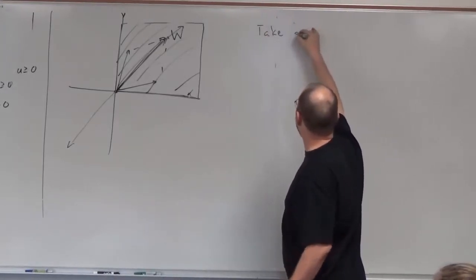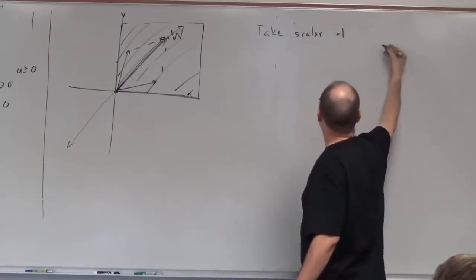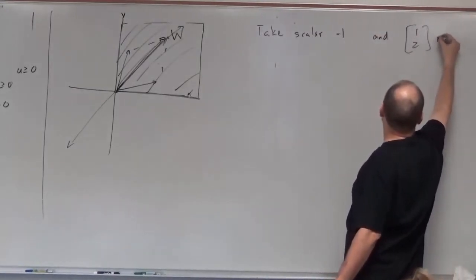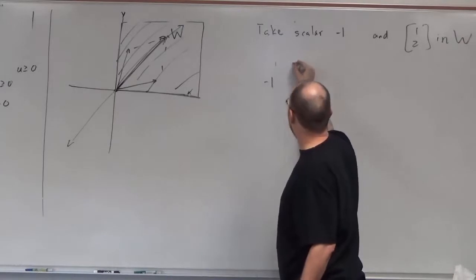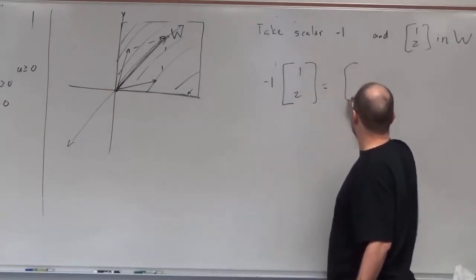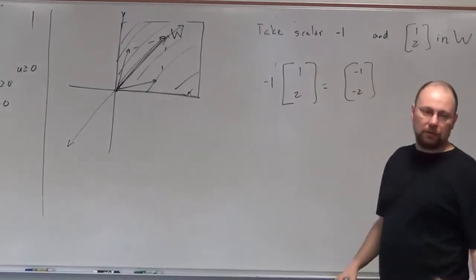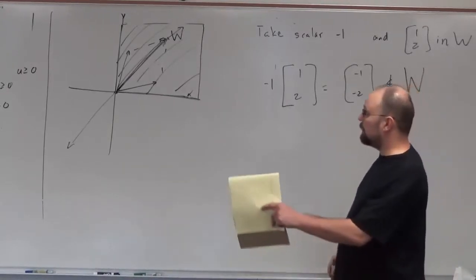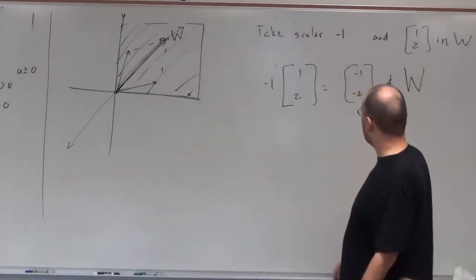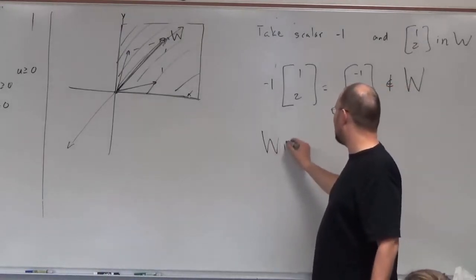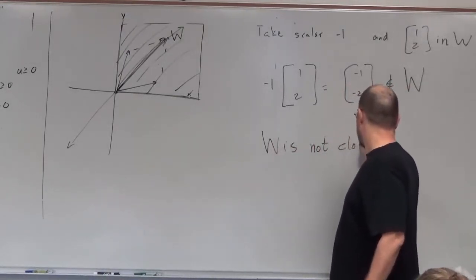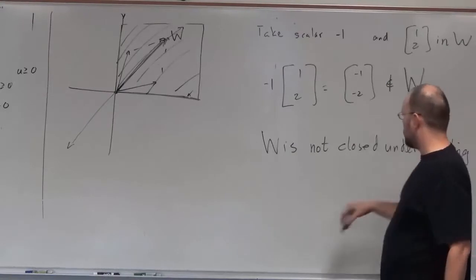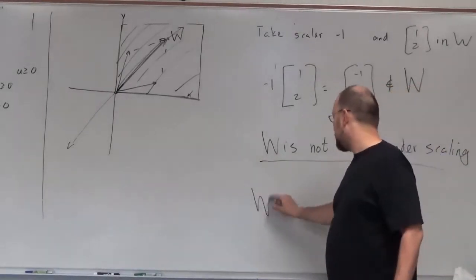If I take scalar -1, say, and vector, say, (1, 2) in W, and I scale, I get something which has negative entries. So this is not in W. So even though our set is closed under addition, we see by this counterexample that W is not closed under scalar multiplication. So W is not a subspace.